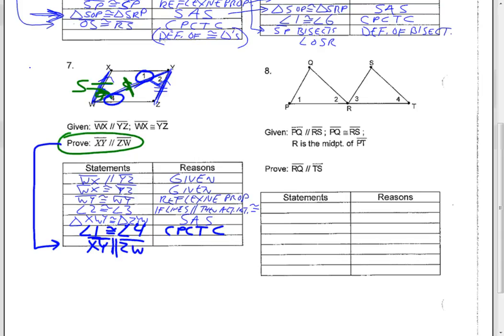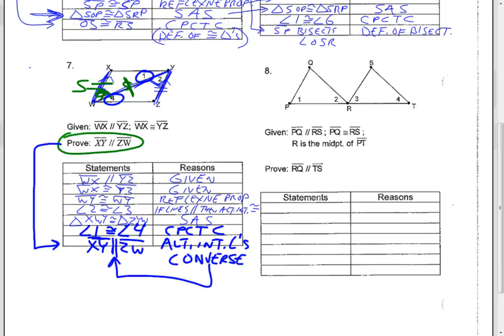What did you do last test when you were proving that something was parallel? What kind of justification? Numbers. Which one of those applies to angles 1 and 4? Good. Alternate interior angles converse.